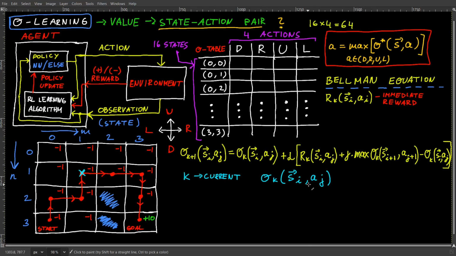When you have this format, then it means that the Q value is evaluated at time k for a certain state action pair. If you had this Q value with k plus 1, then that would mean that this Q value is evaluated in the next time step for some state action pair.